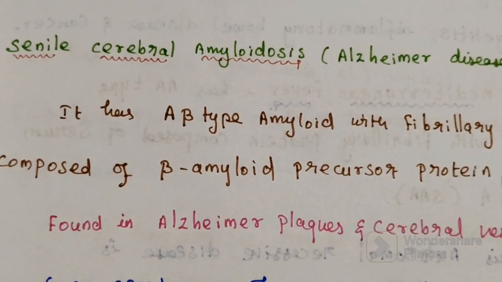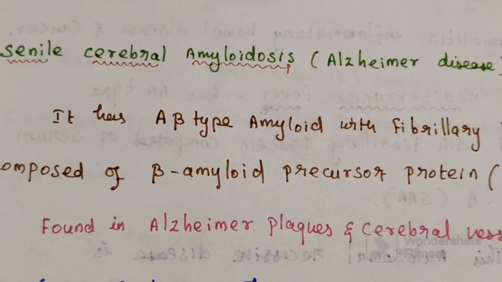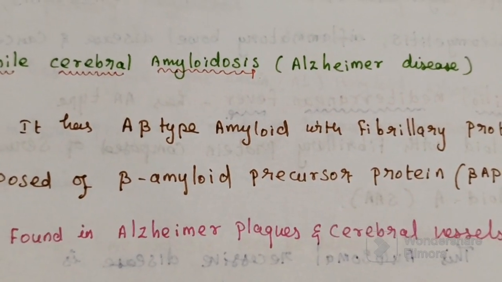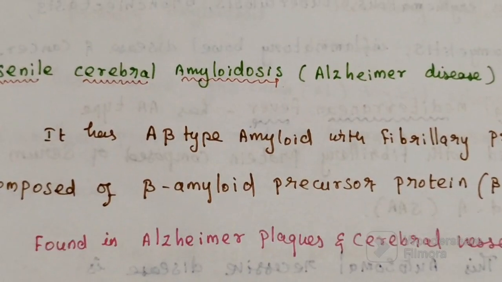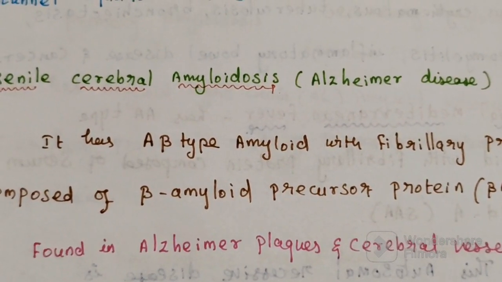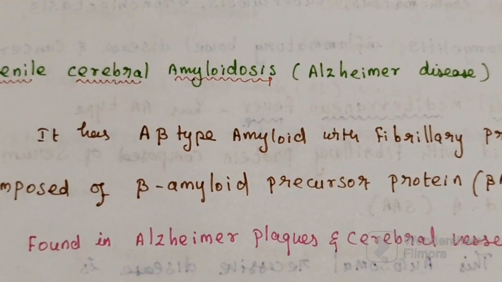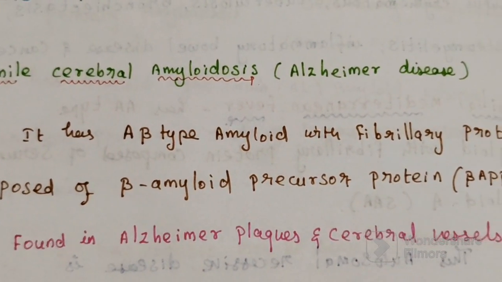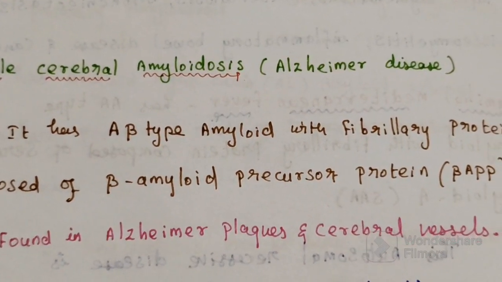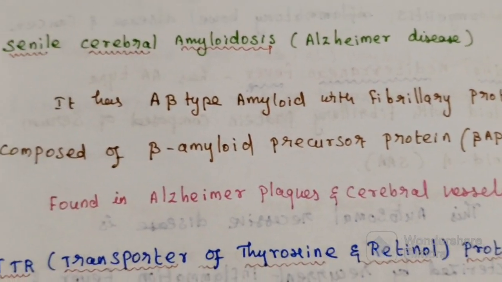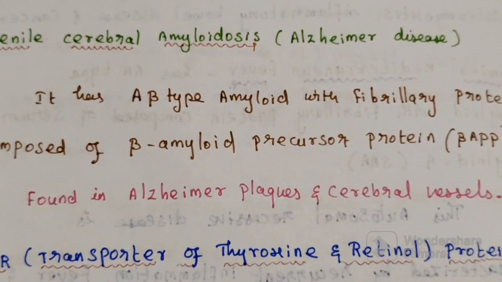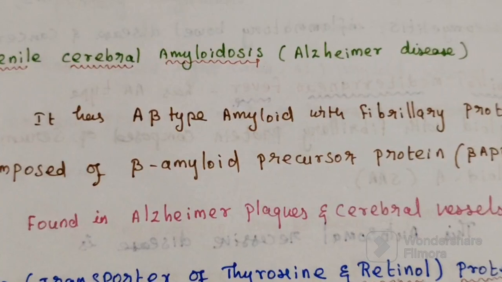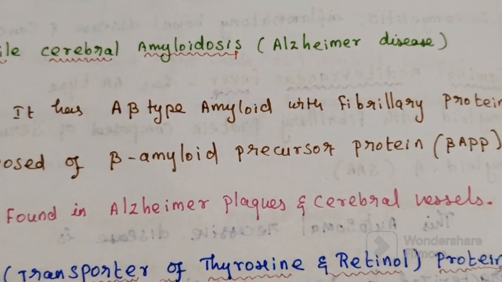Next one is senile cerebral amyloidosis. This condition is seen in Alzheimer's disease. It has A beta amyloid with fibrillary protein composed of beta amyloid precursor protein, BAPP.